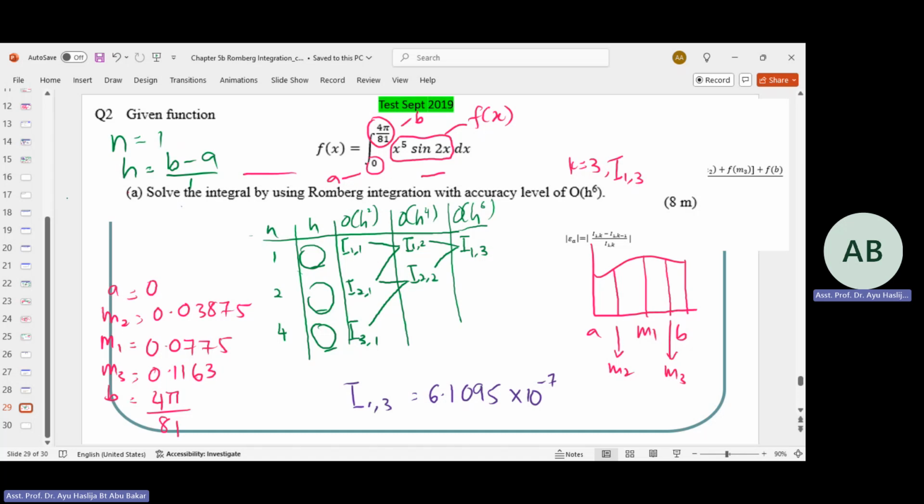I11, what do you get for I11? 2.1285 power 10 negative 6, right.